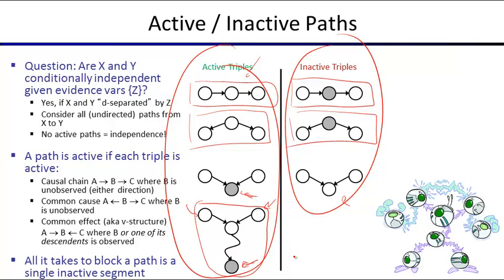One important thing here is that when we look at a path between some variables, let's say we're interested in x and z, and there are some intermediate variables there. There's only one path between x and z. We look at all the triples connecting x and z. We have to look at this triple here, but also this triple here.